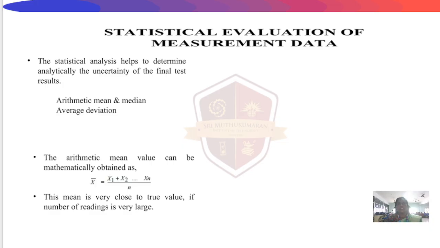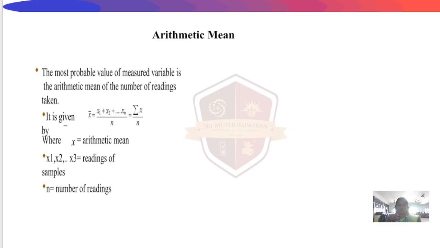If the number of readings is very large, then this mean value will be very close to the true value of the quantity being measured. That's why in practice we take many readings and use the average as the final measured value. So arithmetic mean is a very important tool in statistical analysis because it reduces the effect of random errors and gives a better estimate of the true value.